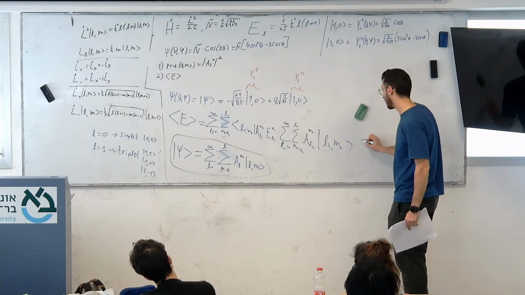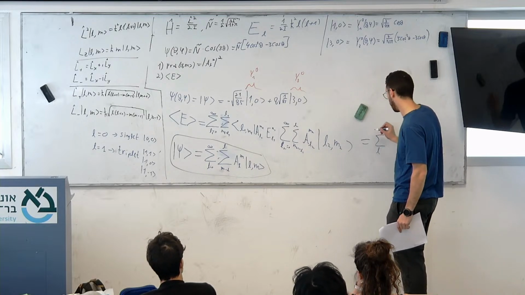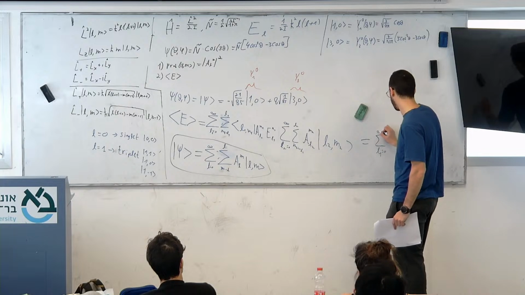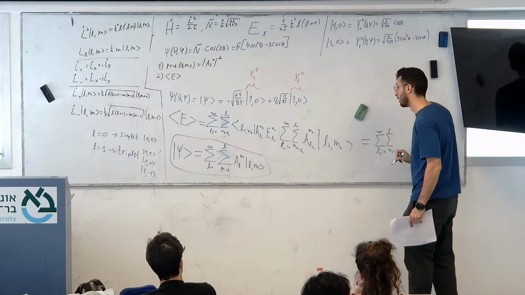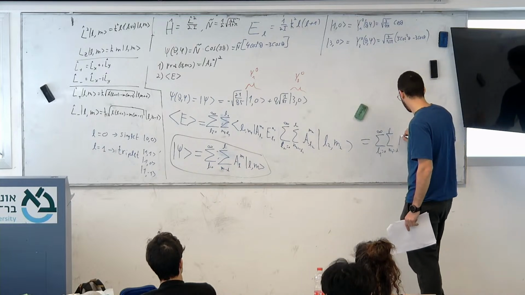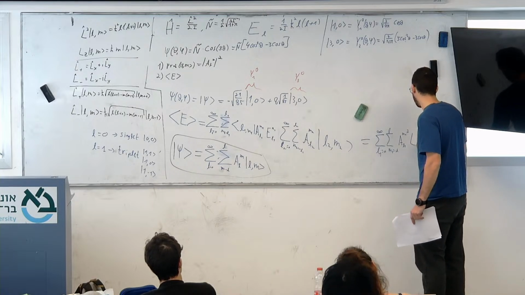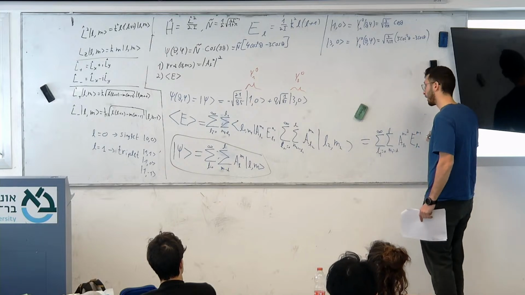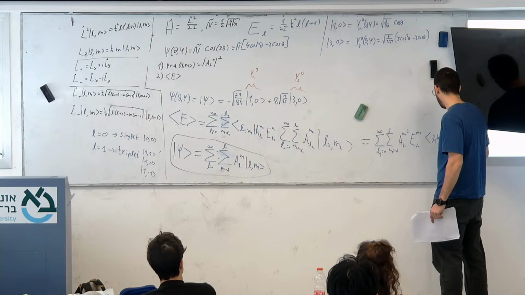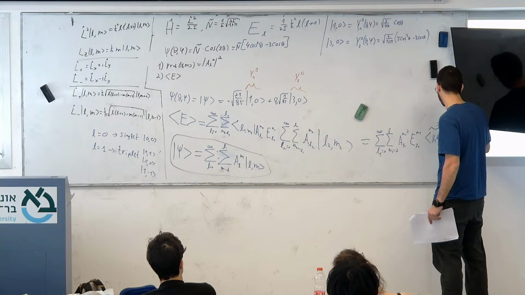So we get basically a sum over L1 from 0 to infinity, a sum over M1 from minus L to L, of A_L1M1 squared times E_L1M1, and the inner product gives basically 1.